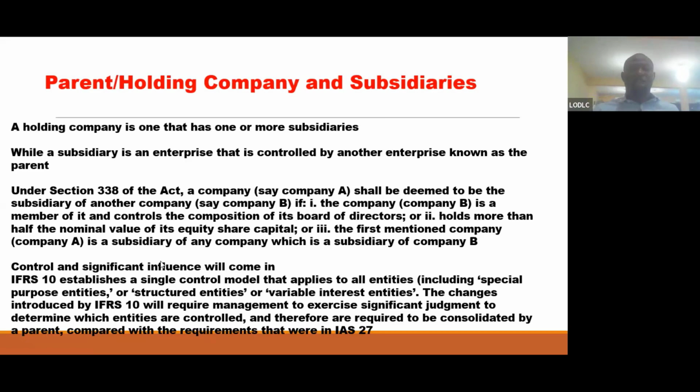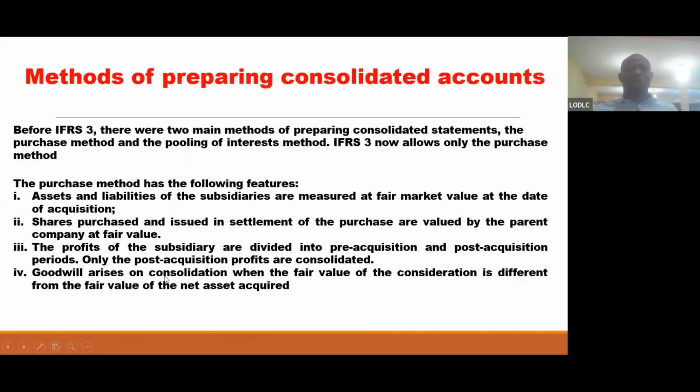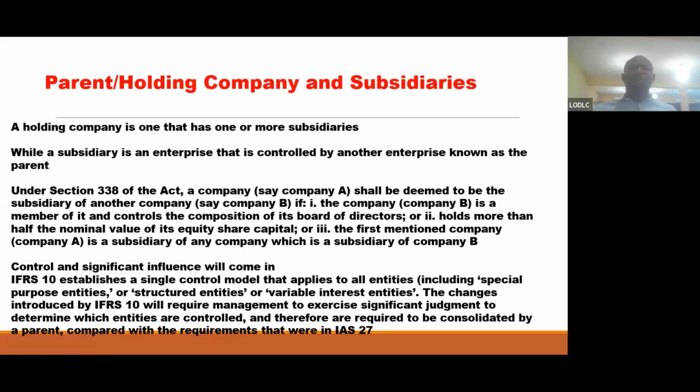So control and significant influence are key. When we are talking about parent and subsidiary, we will be looking into control and significant influence. If I say a particular company is controlled by another company, what does that mean? We'll be talking about control and significant influence throughout this course.